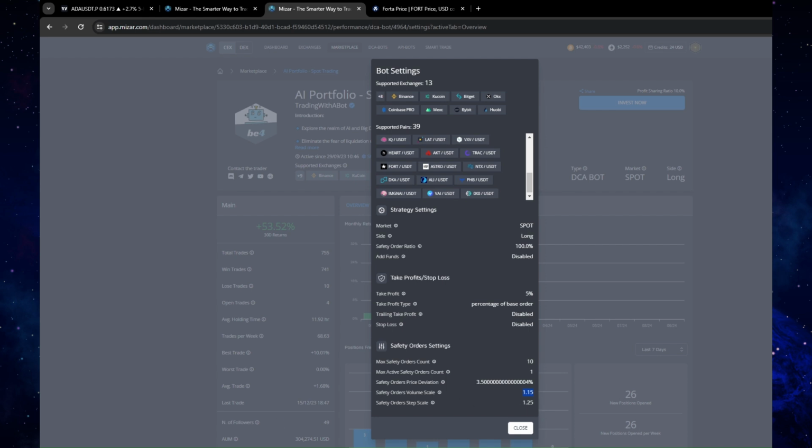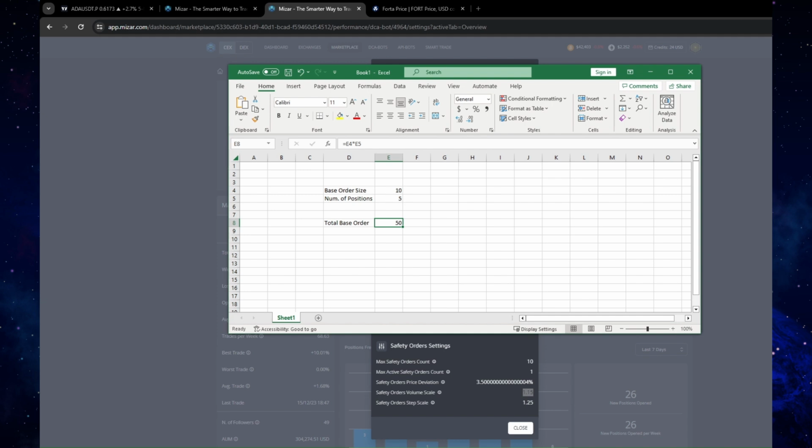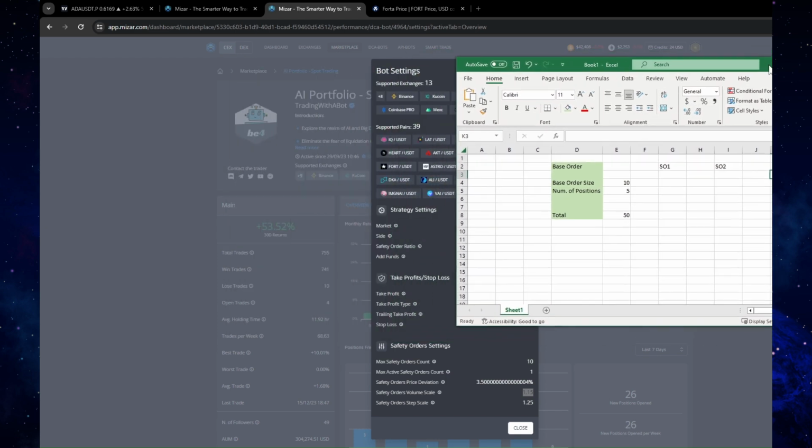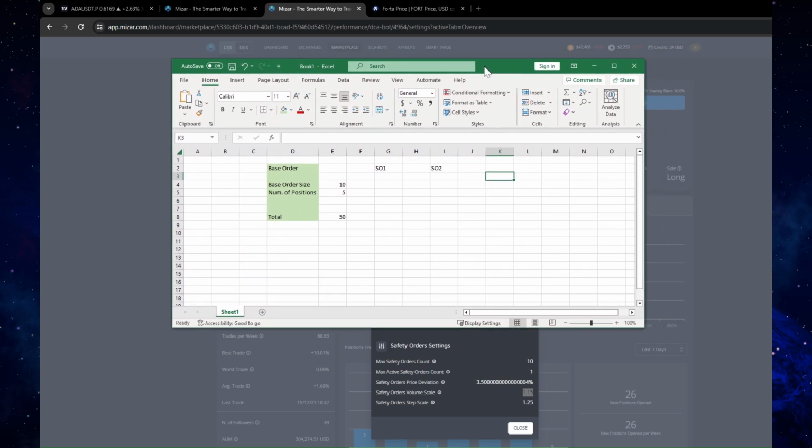That means, if I go back to the Excel file, let's say I'll put the base order right here. That's the first entry investment. Then we will also have safety order 1, and then safety order 2, and maybe more, if the price deviates, if the price goes down.